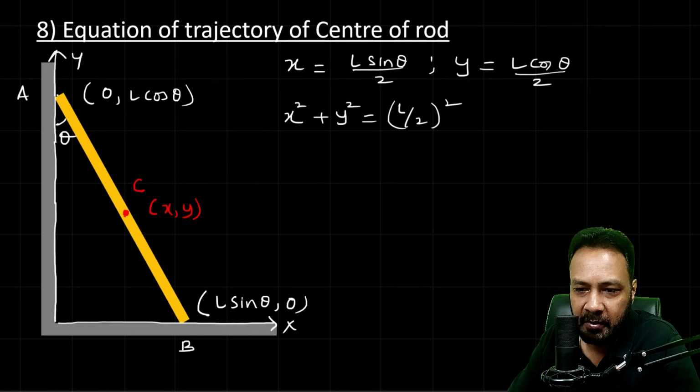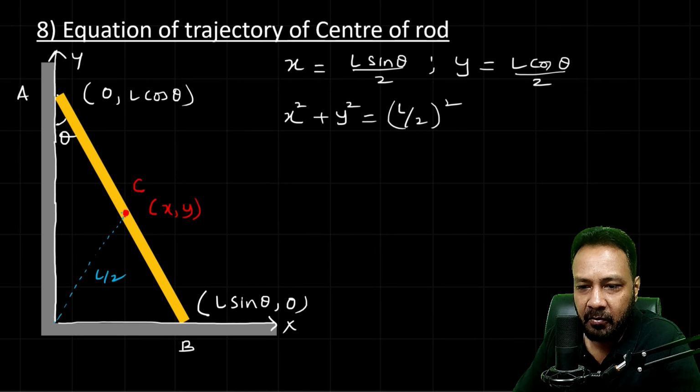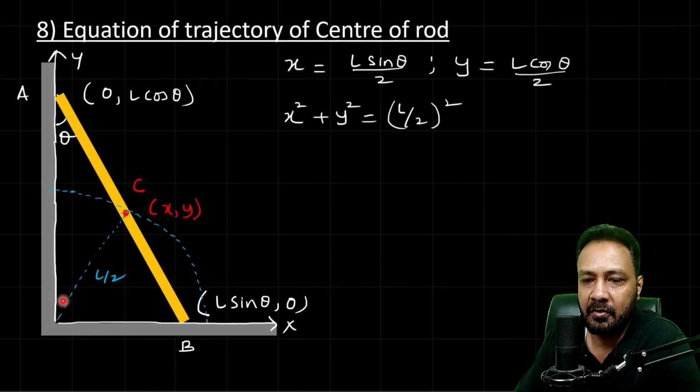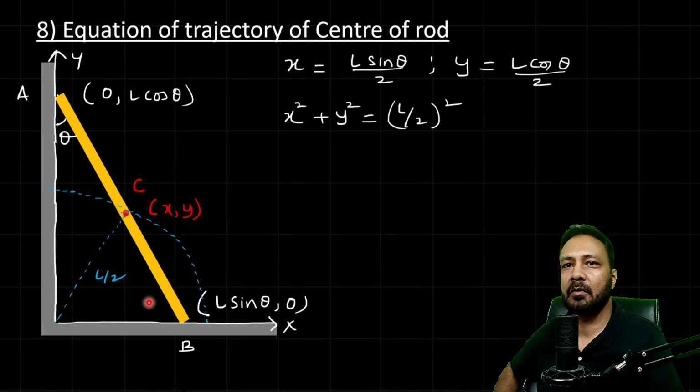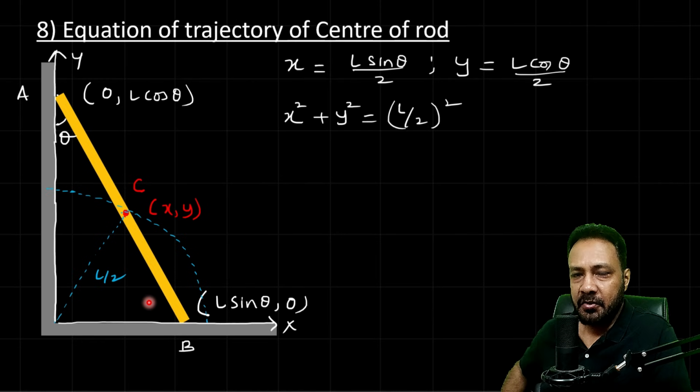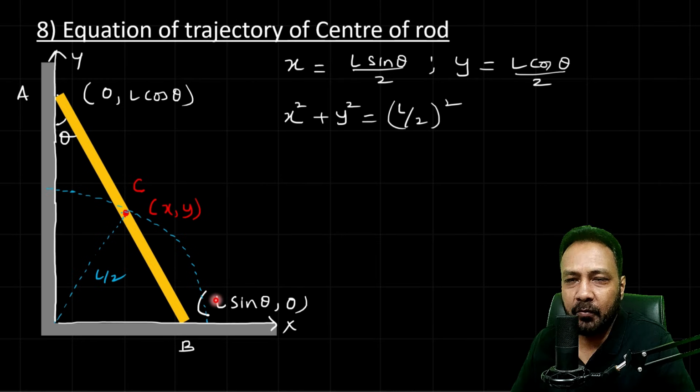So that is clearly a circle. The circle center is at the origin, and radius is L by 2. So trajectory of center of the rod is a circle like this. Initially, when the rod was vertical, the center was at L by 2 height from the floor, and when the rod lies flat, the center is again at a distance L by 2 from the point of intersection of the wall and floor.